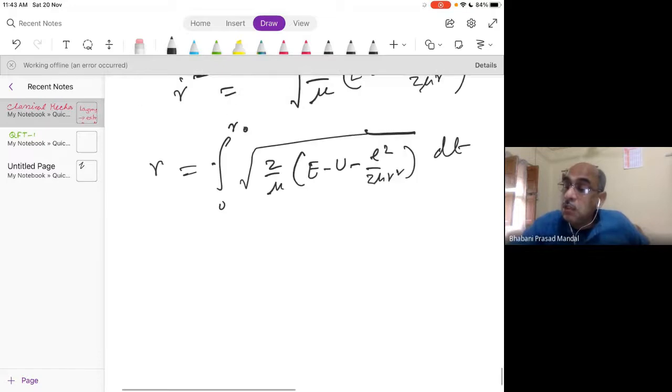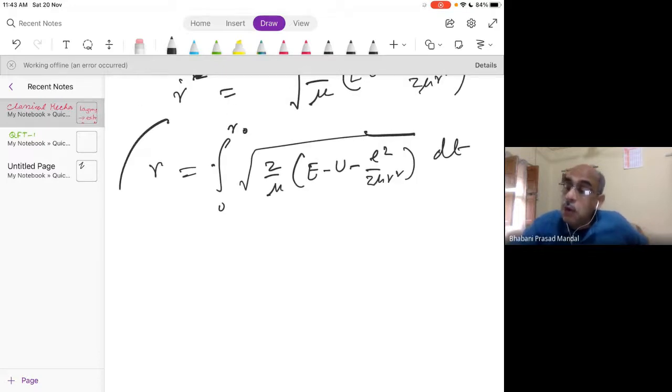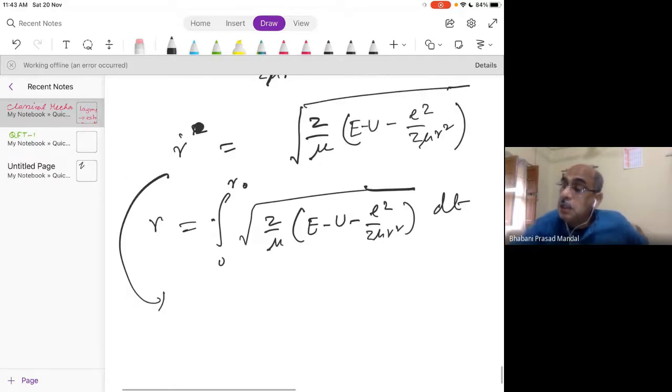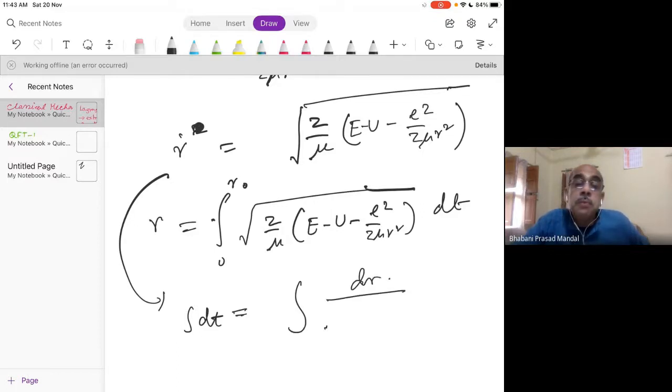This solution also has a better way of writing. Let me write. This is dr dt, so integration dt is basically dr by root over 2 by mu E minus U minus L square over 2 mu r square.